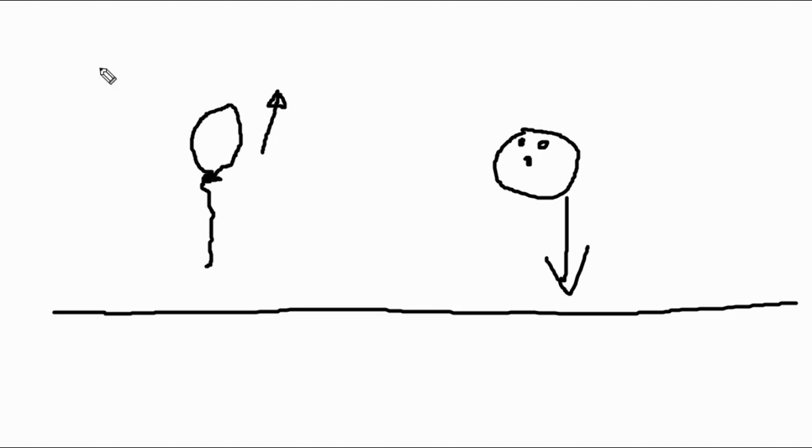Okay, so we understand this. This here is the air. This is denser than air, it will fall. This is lighter than air, it will go up. Buoyancy and density, case proven.